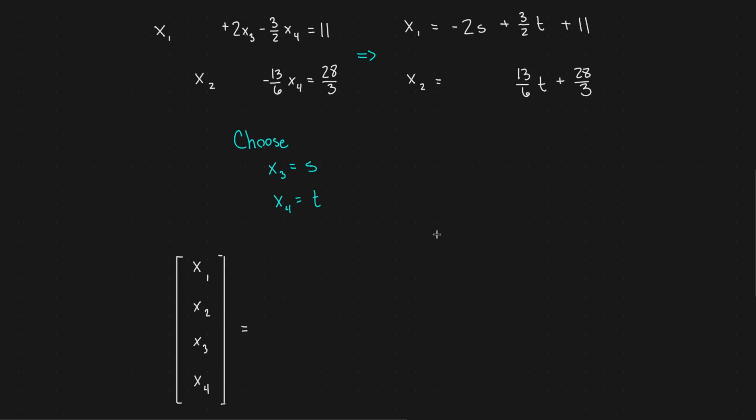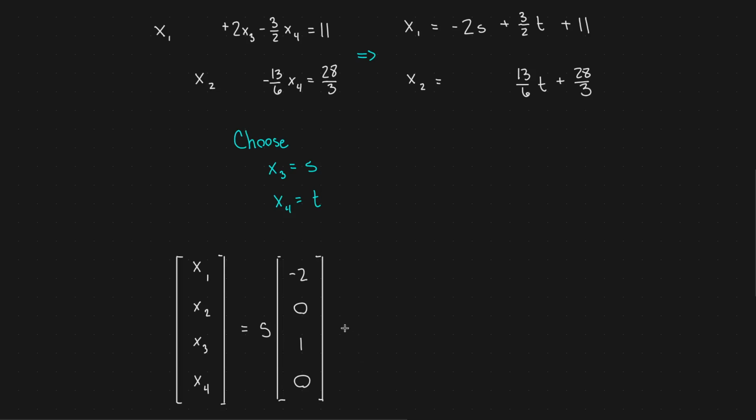Let's go ahead and break this up. We could already kind of see what's going on here. So let's have the coefficients of s. For x1, that's -2. For x2, there is no s term, so I have 0 s's. For x3, I have 1 s. And for x4, x4 is equal to t, so there are no s's for x4.